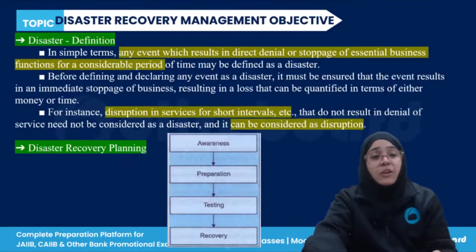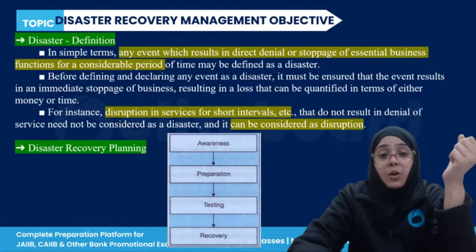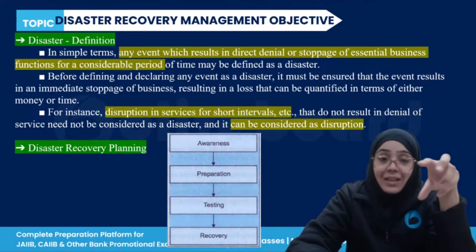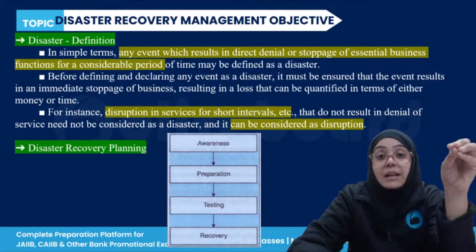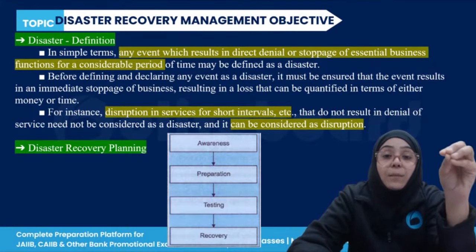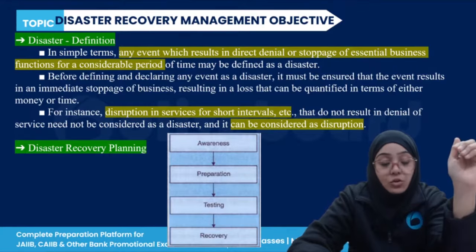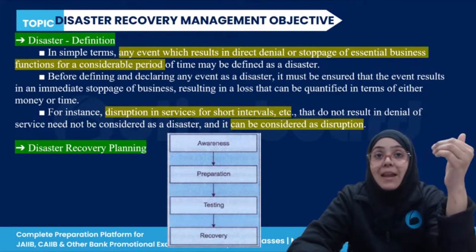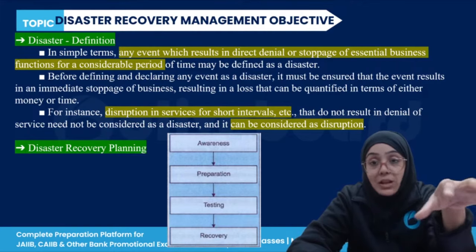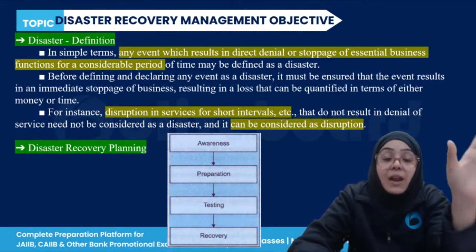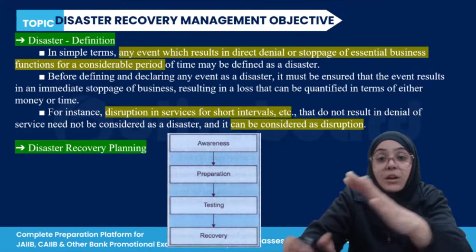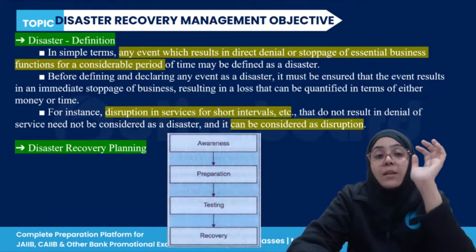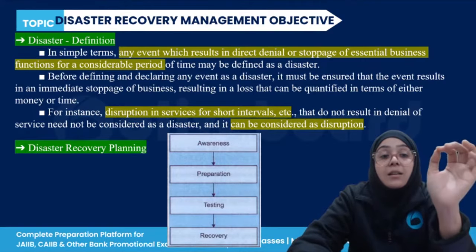Now, if we talk about disaster, what is disaster? Disaster means any event that results in the direct denial or stoppage of any essential functions for a considerable period of time. So if any event happens due to which there is a stoppage of regular business operation for some particular period of time, then this is defined as a disaster.